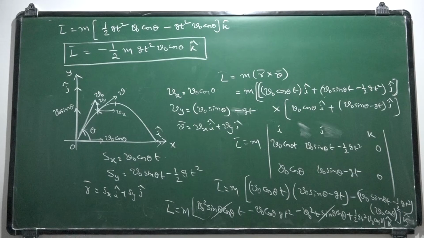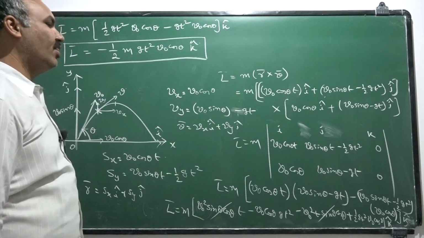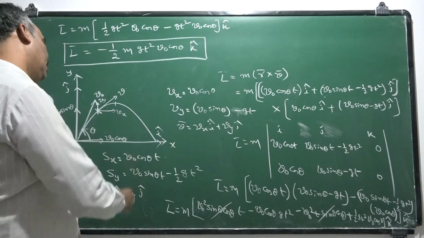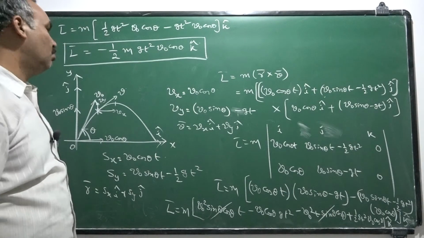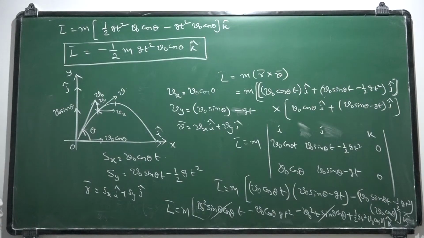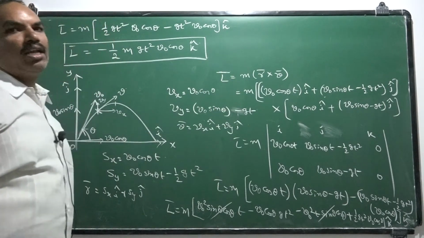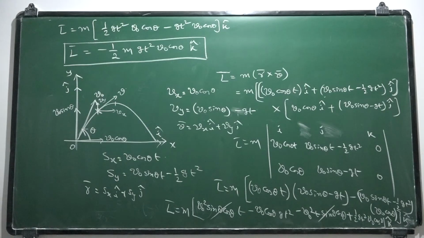So this problem is quite simple, but you should have simple knowledge about identification of cross product, resolution of vector, motion of projectile in x direction and y direction. Also, you should have the knowledge of angular momentum equation.